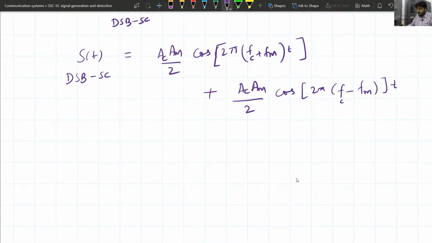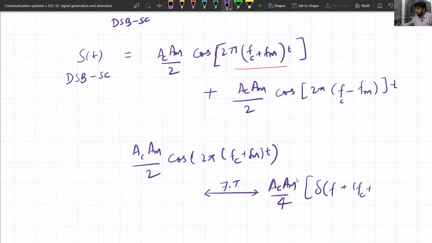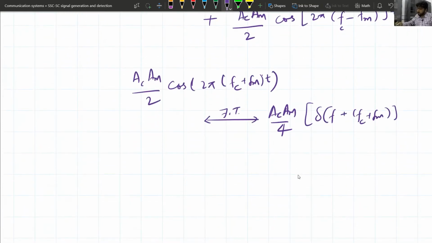Now, as you know, the Fourier transform for the upper sideband component will be simply AC into AM by 4 times delta(F plus FC plus FM) plus delta(F minus FC plus FM).